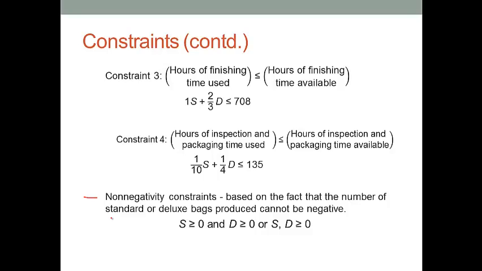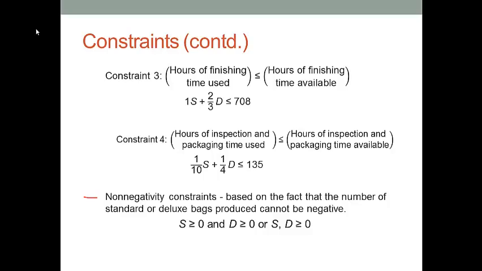Neither should the number of deluxe bags manufactured. These two constraints are not mentioned in the analysis requirement. However, we should consider them from a practical standpoint. In the future, if we find that the value for S or D is negative, then we should know that the analysis result is not accurate.